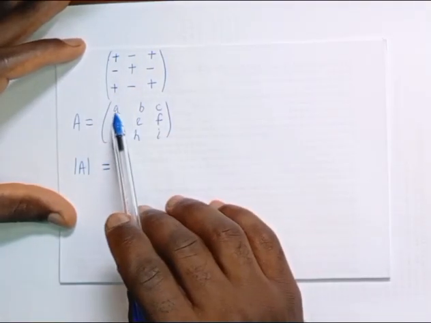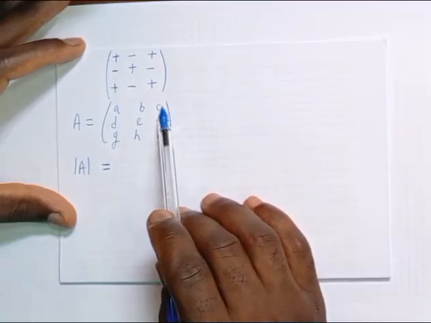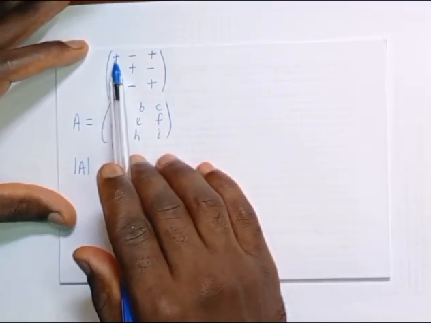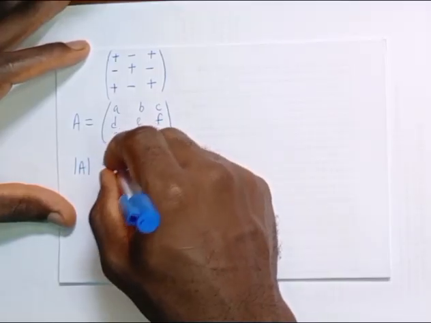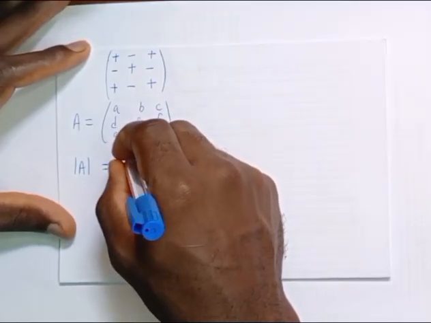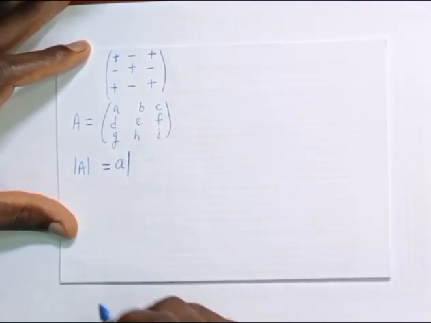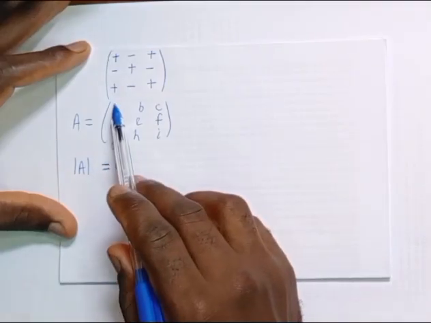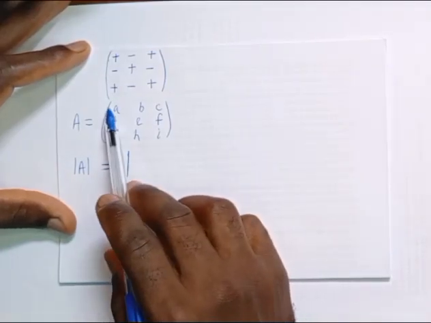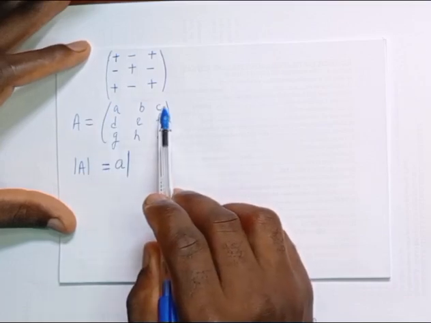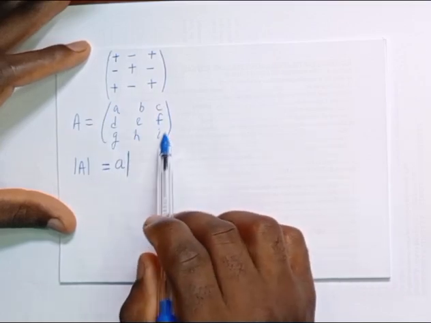It tells us that if we are using the first row, the sign has to be positive. We take A times the determinant of the 2 by 2 matrix, which is formed when we suppress the column having the entry A and the row having the entry A. You'll see we'll be left with this 2 by 2 matrix.